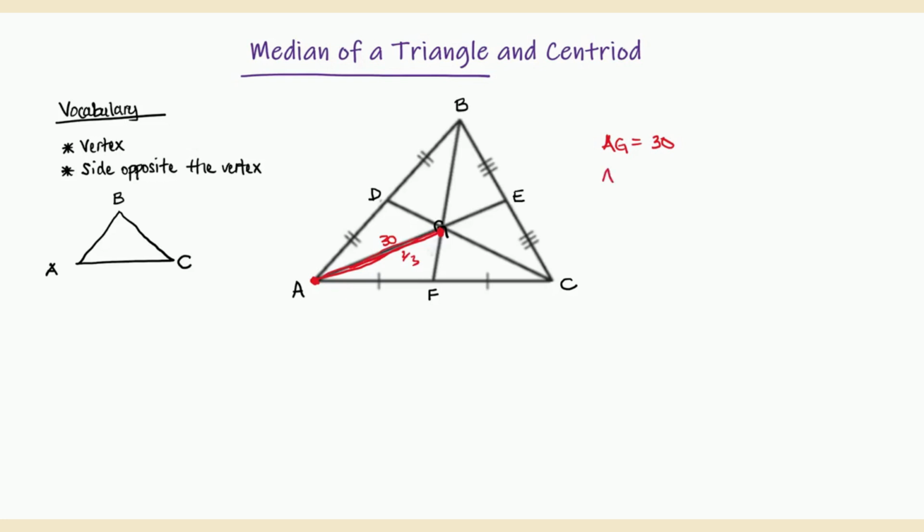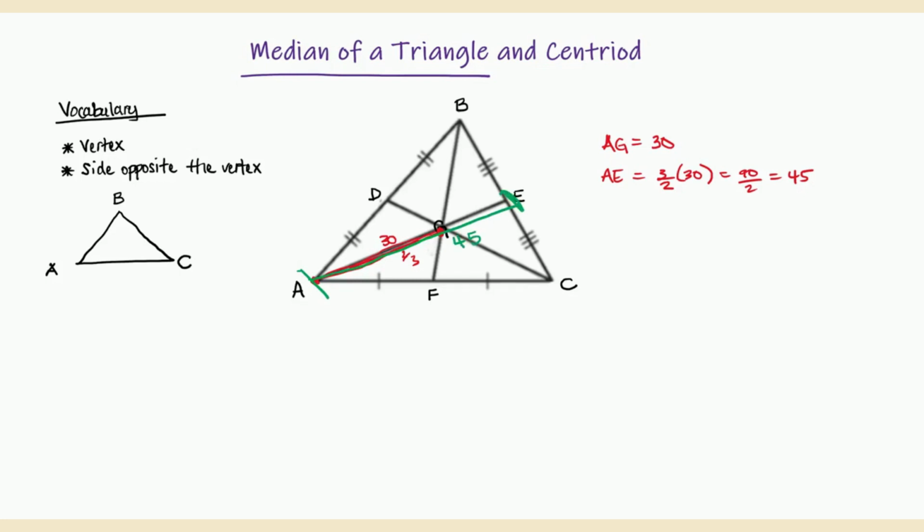So to find AE, I would just multiply 30 by 3/2. And again, it is because AG represents the 2/3 part, and so to find the full length, just multiply by the reciprocal, which is 3/2, which is 90/2, which is 45. So that means the full length from A to E measures 45.